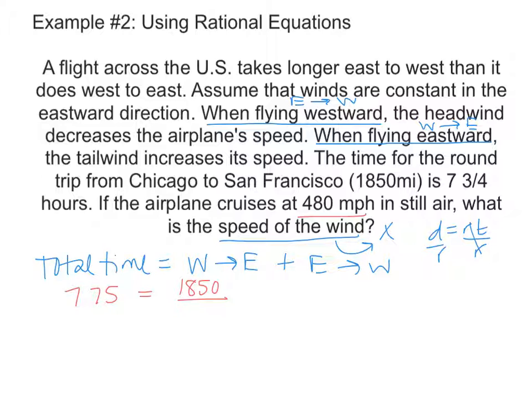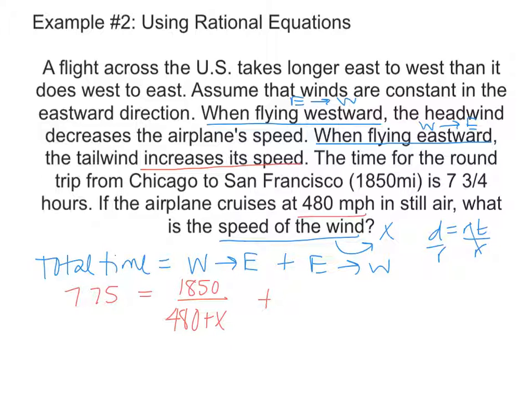So we have the plane and its own speed plus the speed of the wind. So we have 480. And since we're going west to east, which is flying eastward, that increases the speed. So that's plus x.